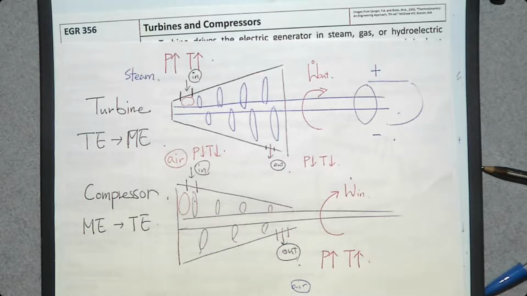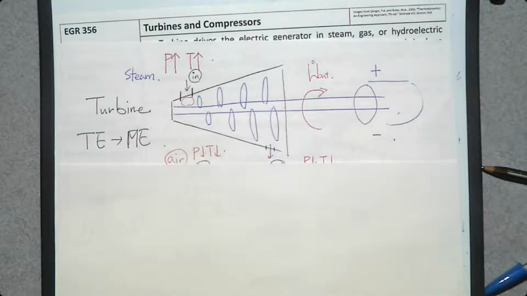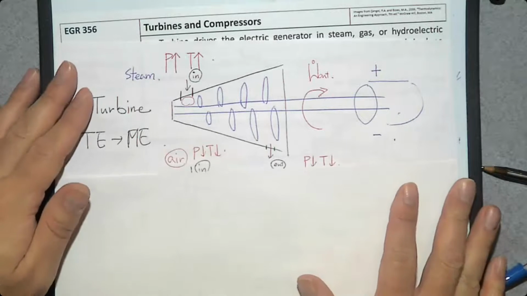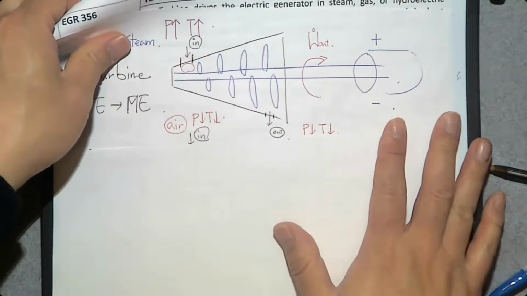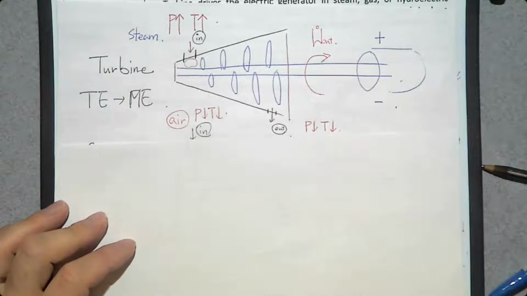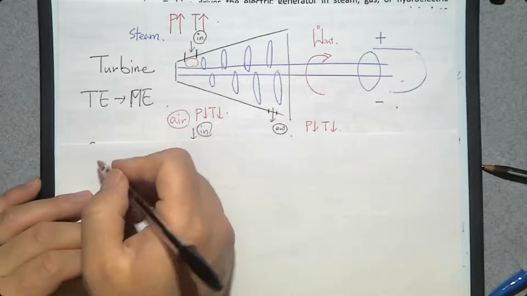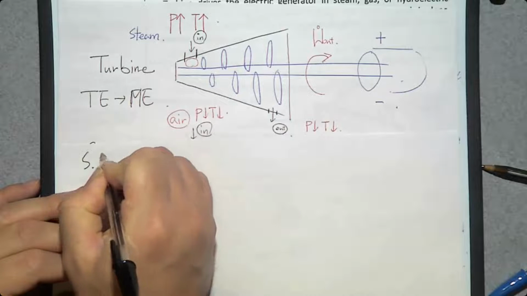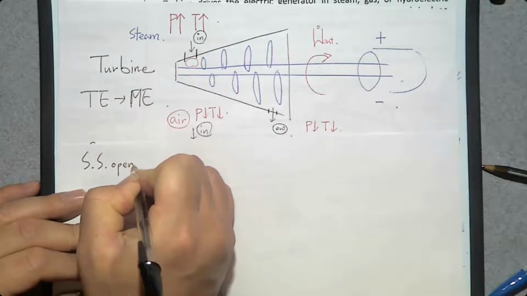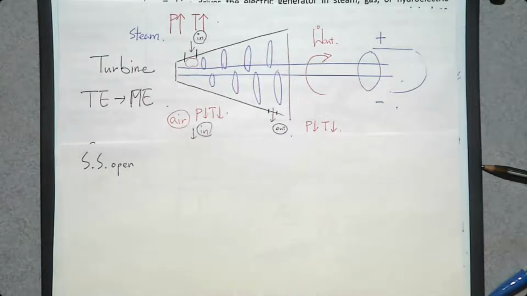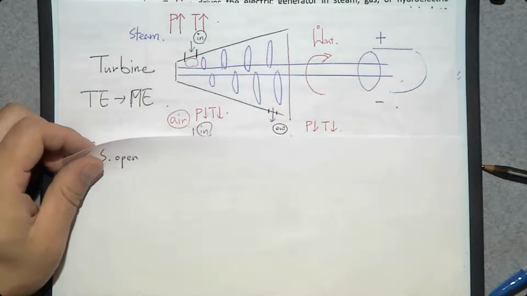Not at all. You already know how to write the general energy balance equation for steady state open system. You always start from there. So when you have steady state open system, this turbine is a steady state open system. This compressor is also steady state open system.